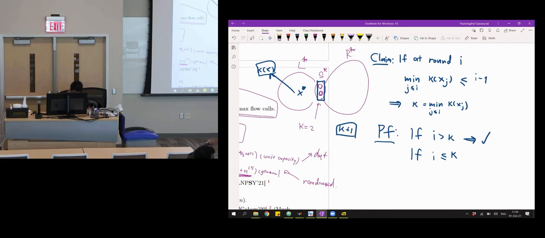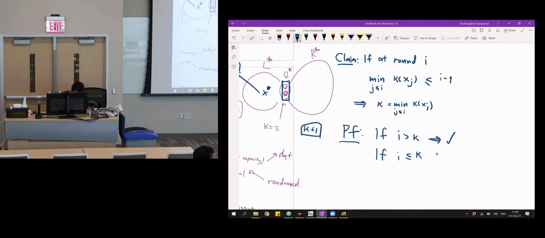So let's say I is equal to kappa minus x. It can be a minimum cut. Suppose that I is less than kappa, but this thing is strictly more than kappa, suppose for contradiction.